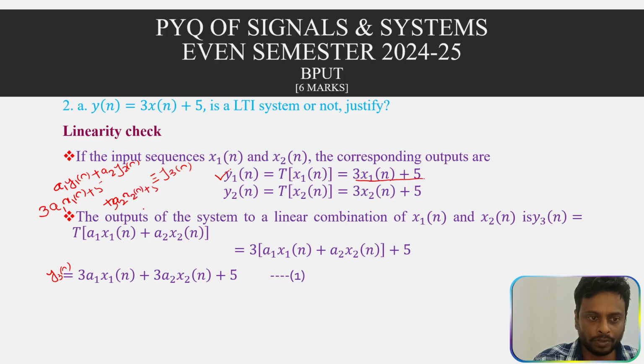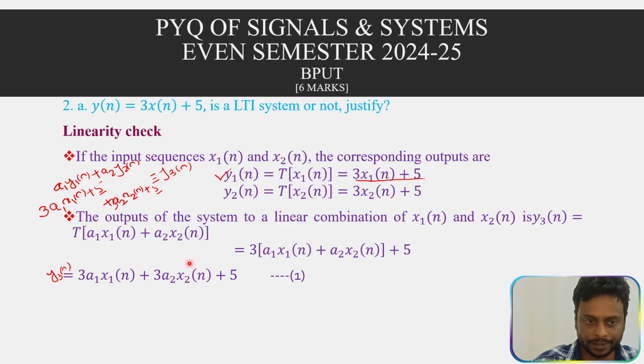Now it will be 3 a1 x1 of n plus 3 a2 x2 of n plus 10. You can see there is a plus 10. But y3 of n is 3 a1 x1 of n plus 3 a2 x2 of n plus 5. These two equations are not equal, so that is why the system is non-linear.